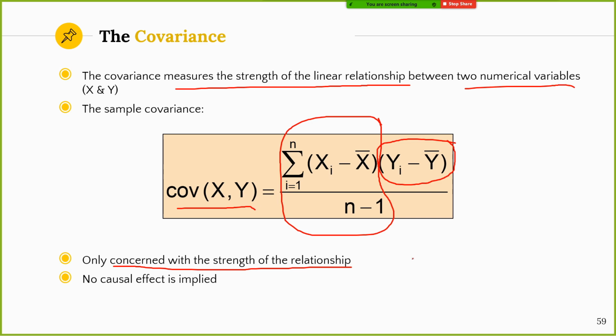That's the theory, but maybe the data says that's wrong. Maybe there will be no correlation between statistics and mathematics. The person who is smart in statistics could have a lower grade in mathematics. That could be, but that depends on the data. That's why we use covariance to know the relationship between two numerical variables.